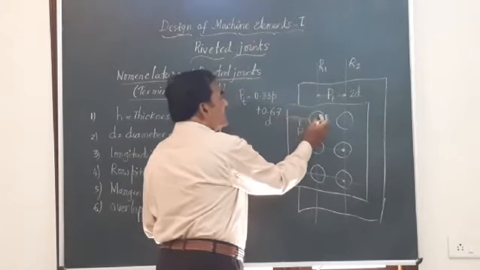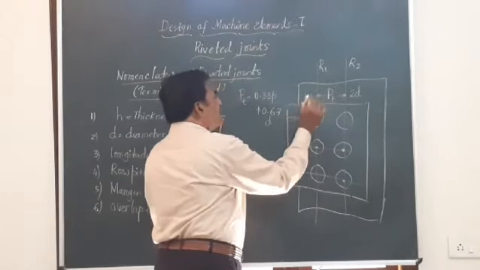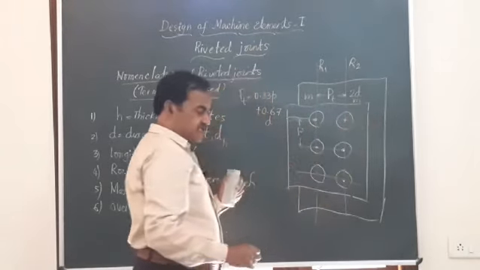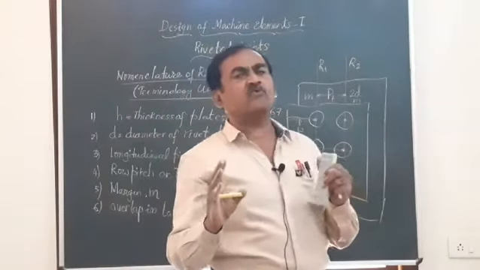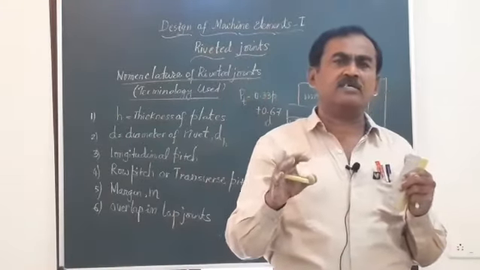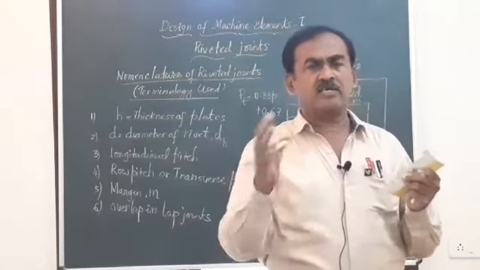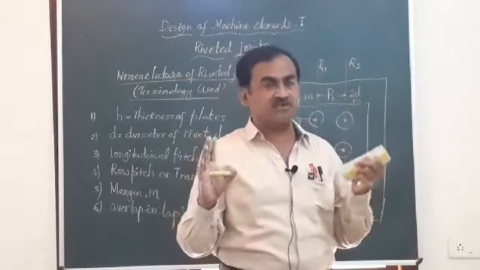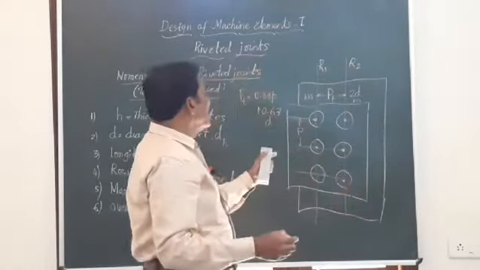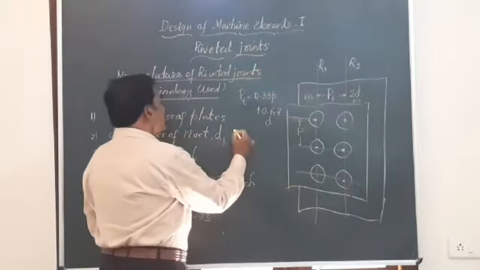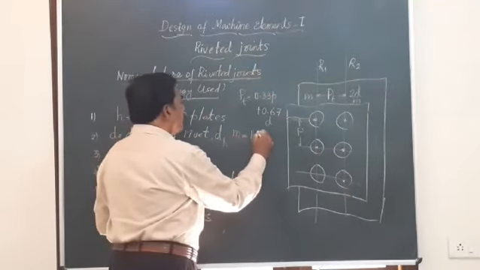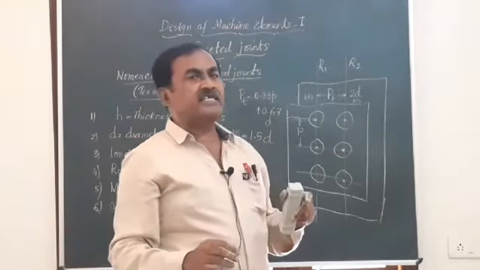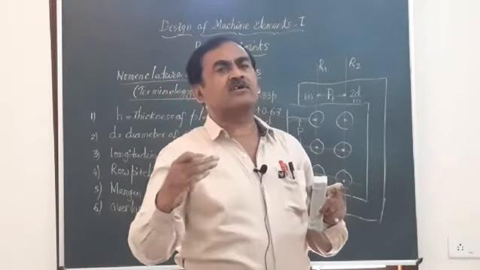Suppose this is the nearest edge, this is the center, this gap is called the margin. Similarly, from here to this, it should be called the margin. So irrespective of the type of joint, a lap joint, a butt joint, a single cover plate, double cover plate of equal width, unequal width, whatever may be the arrangement of rivets, universally this margin M is taken equal to 1.5 times the diameter of the rivet, so that it is totally prevented from tearing at the edges of the plate.